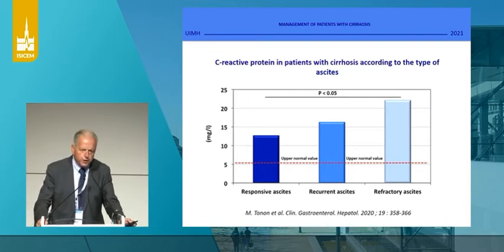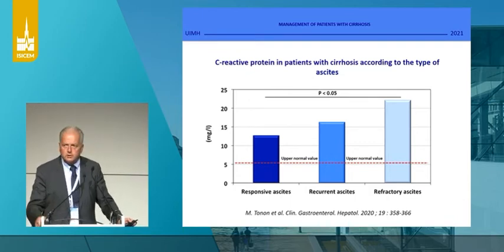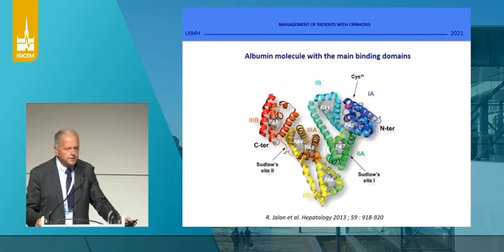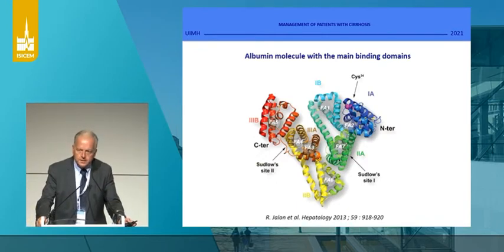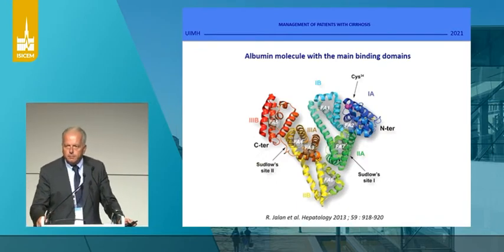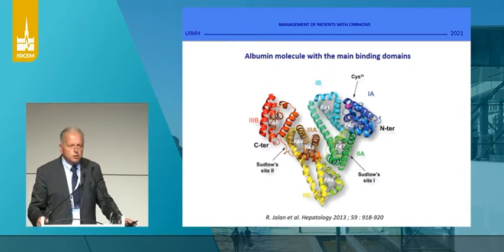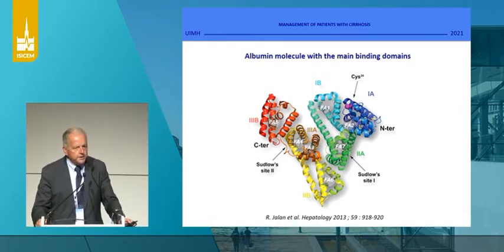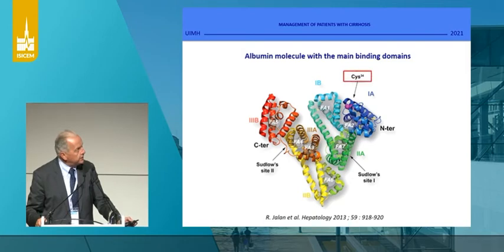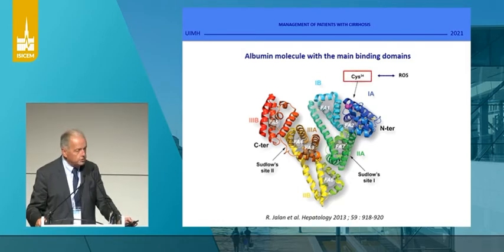A third potential driver of decompensation is oxidative stress. This is the molecule of albumin, and you all know that in position 34, there is a residue of cysteine that is capable to bind ROS.